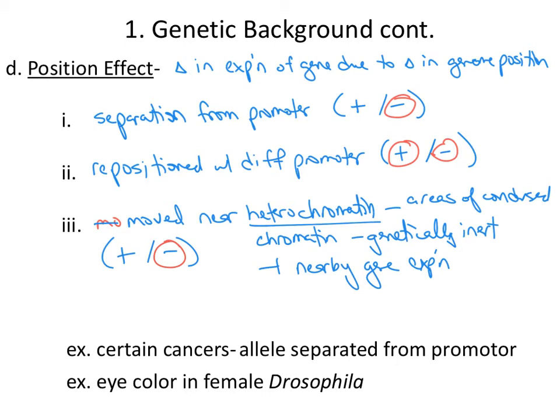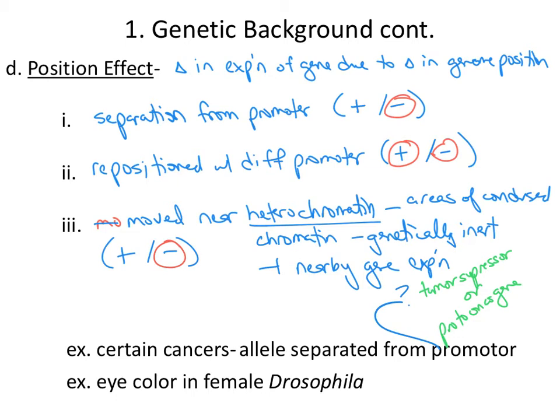So my question to you now is, let me change the color so you can see it's different from the other. Was that allele for a tumor suppressor or a proto-oncogene? So a tumor suppressor inhibits the cell cycle. A proto-oncogene stimulates the cell cycle. Which one, when it's separated from its promoter and is expressed less, would lead to cancer?